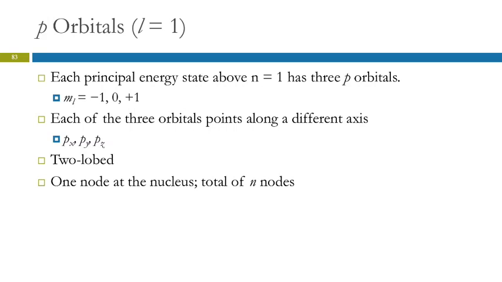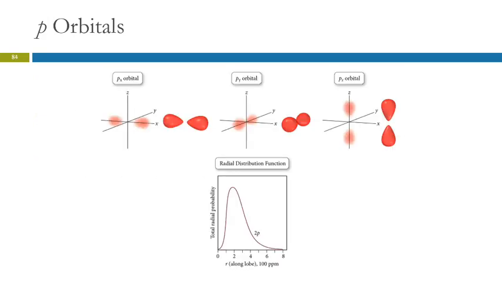My iPad's lagging behind. There we go. So here's the time exposure description, and here's looking at it as a solid shape. One of the p orbitals lies along the x-axis, one lies perpendicular along the y-axis, and the other lies perpendicular to those two along the z-axis.